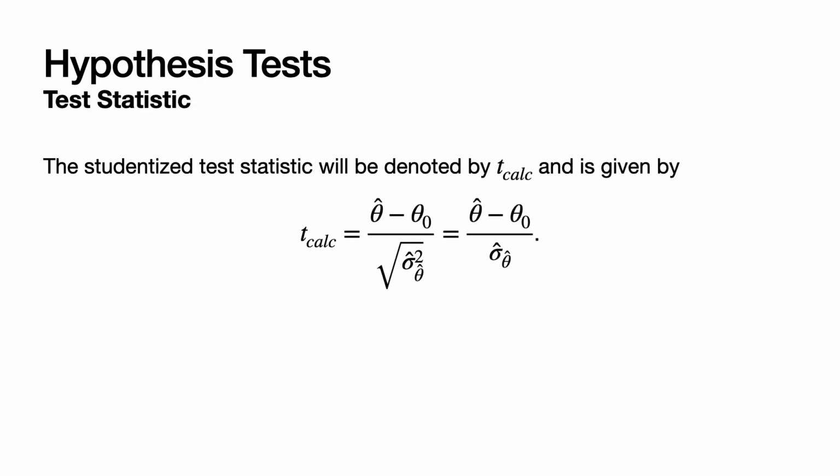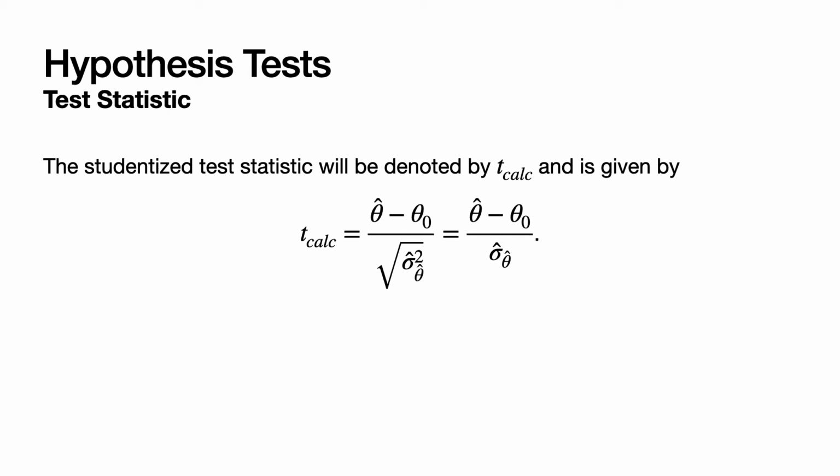Now in this scenario, the test statistic that we'll use is the studentized test statistic rather than the standardized. In the context of this hypothesis test, we'll denote the studentized test statistic by lowercase t calc, and it's calculated this way.